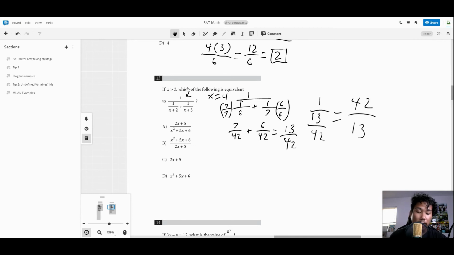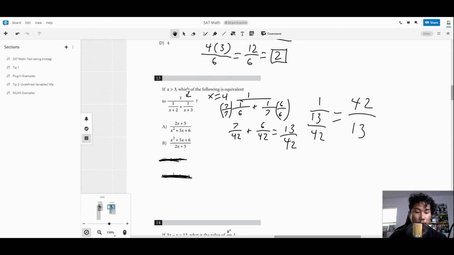And the benefit that I have of knowing this number, 42 over 13, is that I can rule out some of the answer choices, right? I have a fraction. I'm trying to look for a fraction. So I can go ahead and remove C and remove D, because those two won't exactly give me fractions if I substitute 4 in for X. So I can get rid of C and I can get rid of D. So leaving me with just two answer choices, A or B. So I can go ahead and substitute 4 in for X in both, and whichever one gives me 42 over 13 is going to be the correct answer.